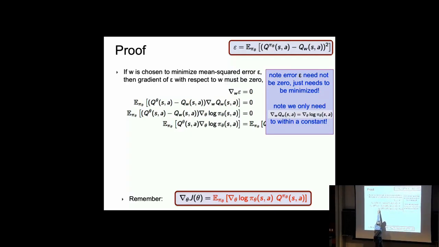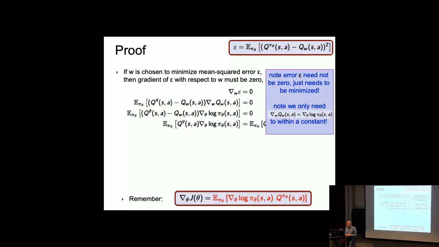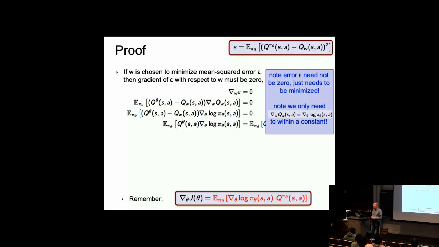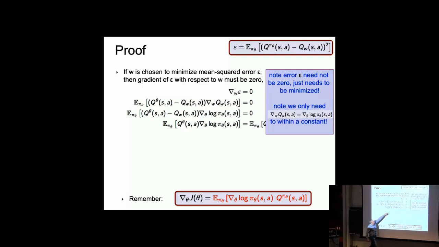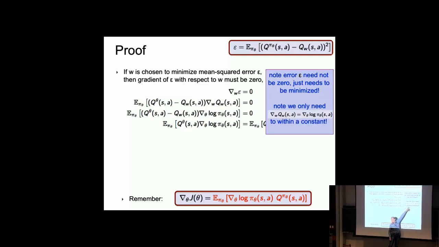But again, just like the 2 that I multiplied through by 1 over 2, because there's a 0 over here, I can get rid of any constant. Yep? So if the dimensionality of W and theta are different, then we only need them to be within a matrix factor of different or something? If they're different, then it's hard to arrange this condition to be true.